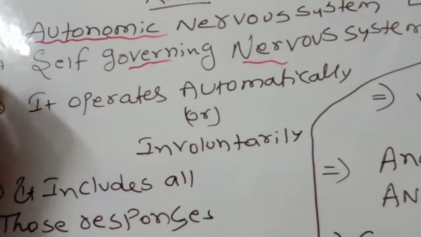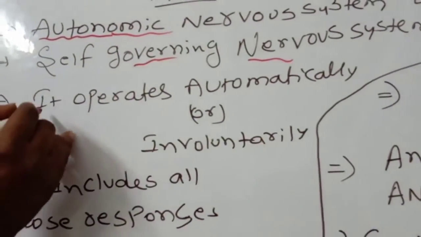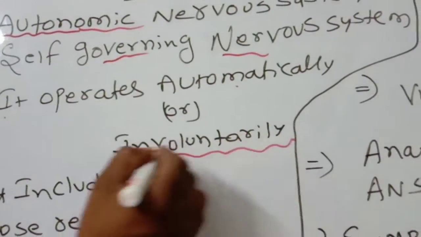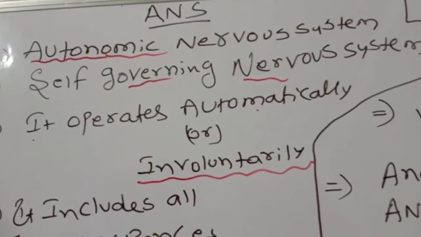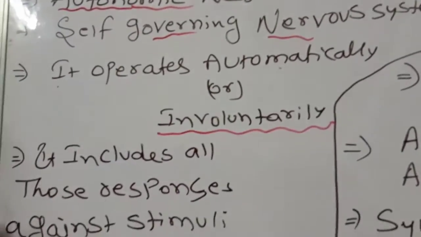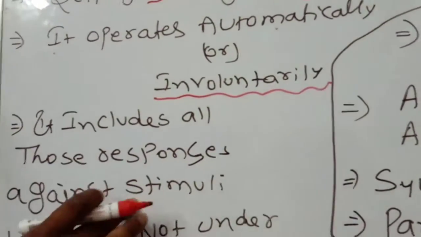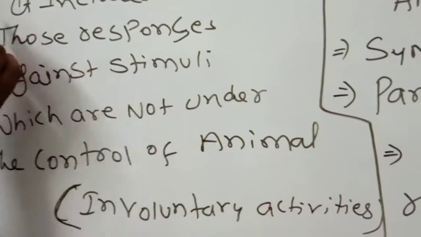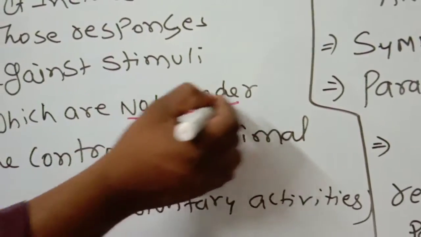So why are you calling it self-governing? It operates automatically or involuntarily, without our involvement. It includes all those responses against stimuli which are not under the control of animals.